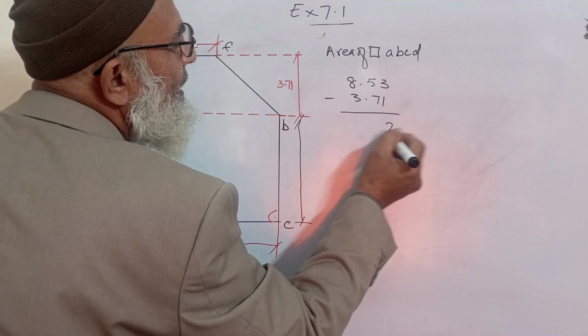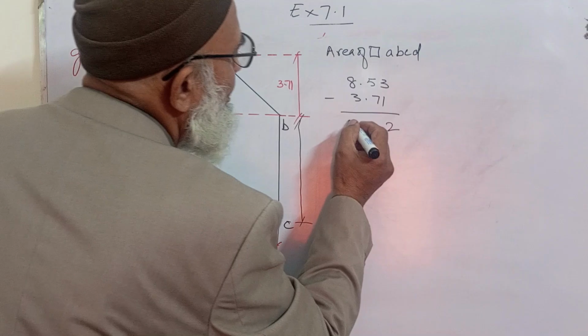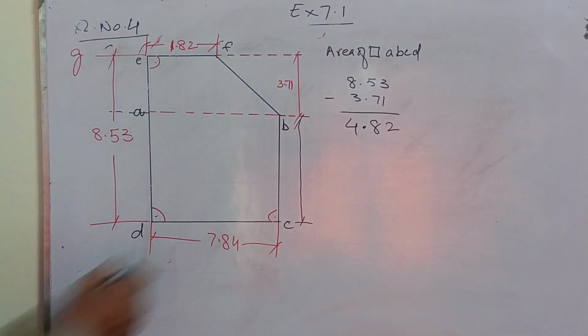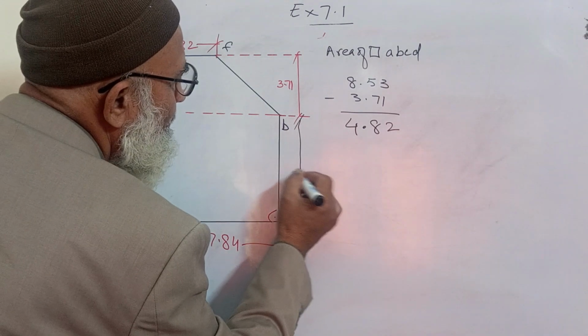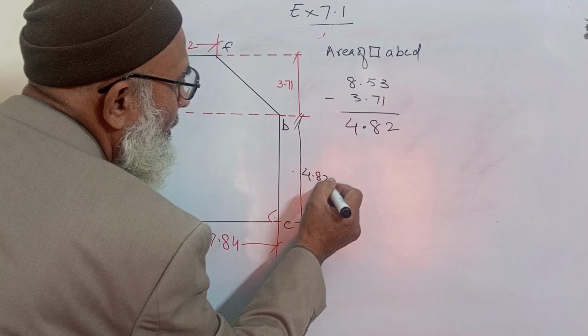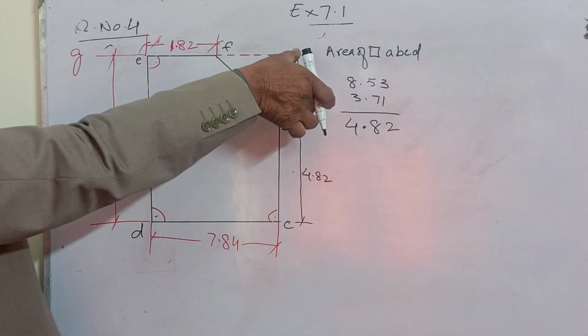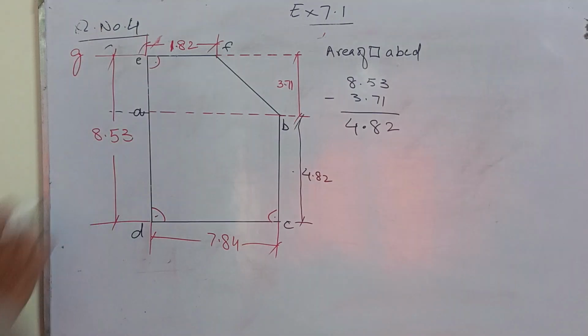So it is very easy now to calculate it. It will become 4.82. Now this is 4.82, because I have subtracted this much portion from the whole side.